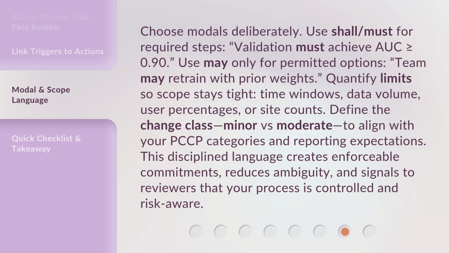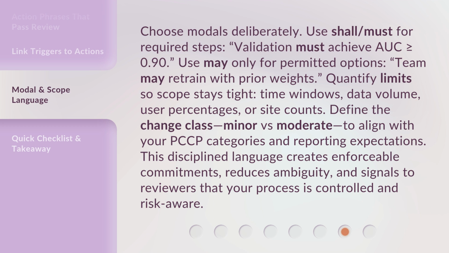Choose modals deliberately. Use shall or must for required steps. Validation must achieve AUC greater than or equal to 0.90. Use may only for permitted options. Team may retrain with prior weights. Quantify limits so scope stays tight: time windows, data volume, user percentages, or site counts.